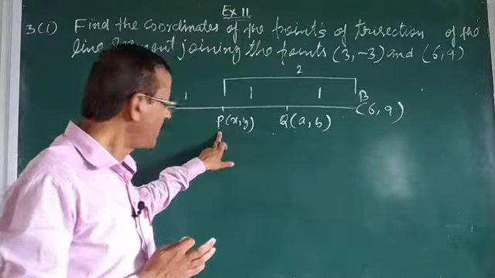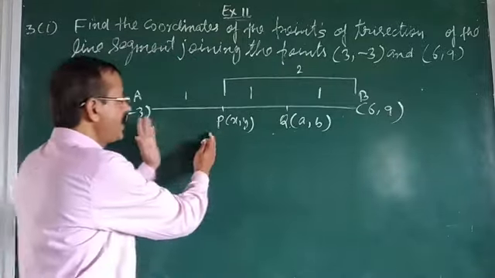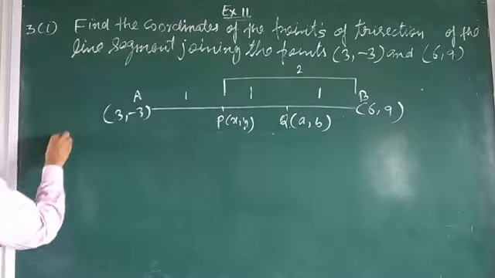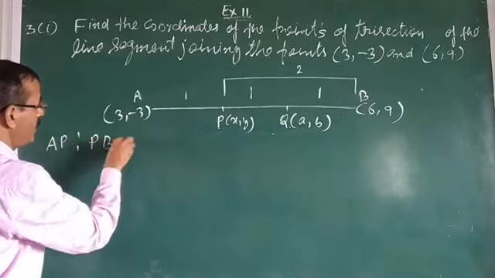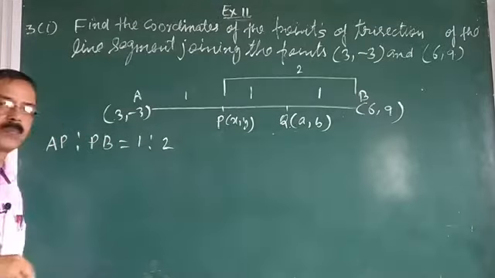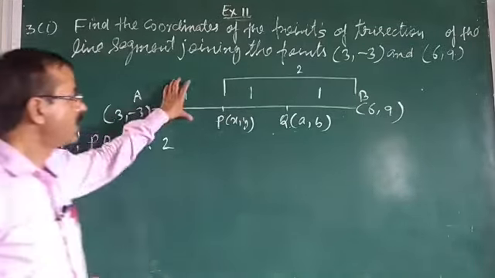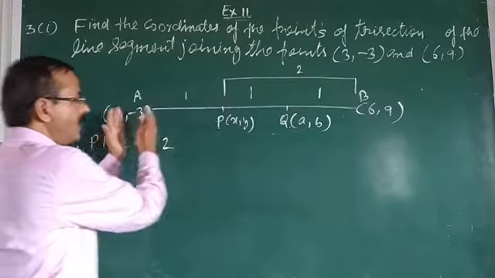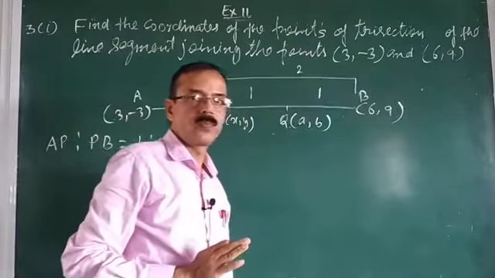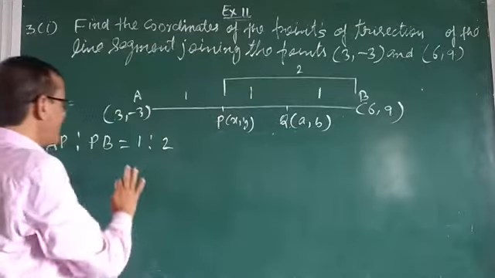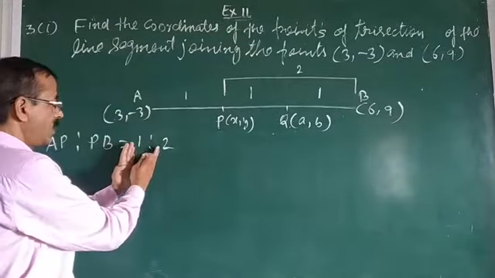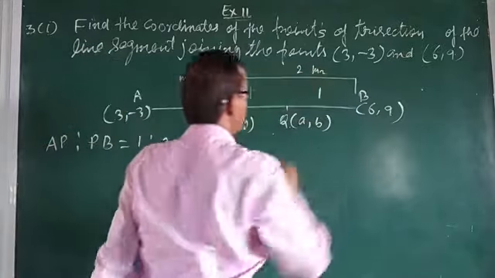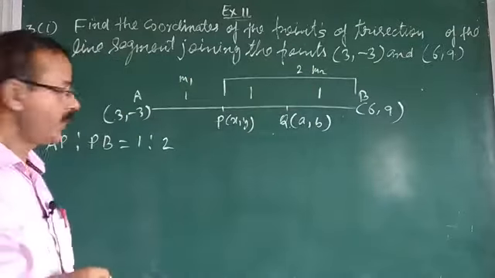If you are taking P, it means the ratio AP to PB is 1 to 2. We have points (x1, y1) and (x2, y2), and with this ratio m1 and m2, we apply the formula.